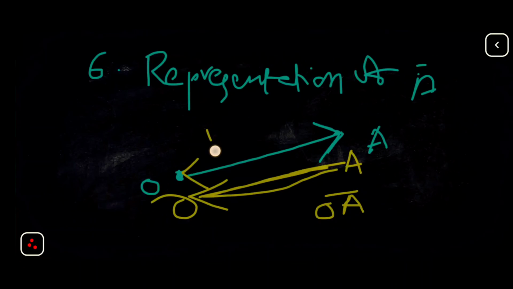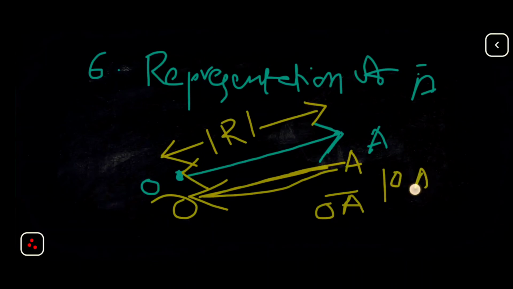Its length is called the magnitude, which we assume to be r. The magnitude of OA is equal to r.